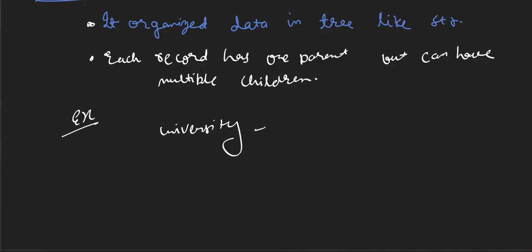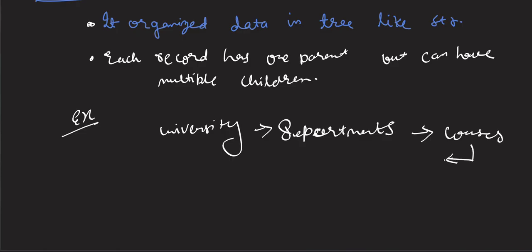In the university, there are many departments. In each department, there are many courses available, and in the different courses, some students are there. Have you observed that it is making a hierarchical pattern?